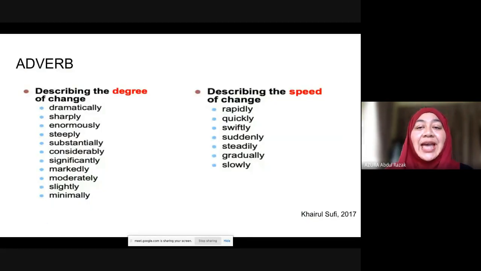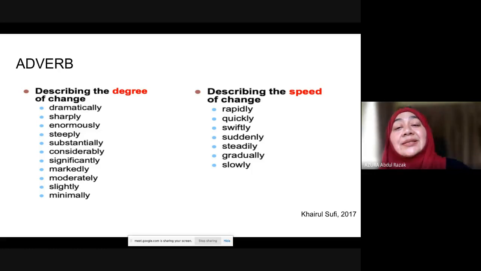Okay, now look at the adverbs. These words on the left will describe the degree of change, and the words on the right will describe the speed of change, all right? So dramatically, sharply, enormously, steeply, substantially, considerably, significantly, markedly, moderately, slightly, and minimally. These all describe the degree, right?